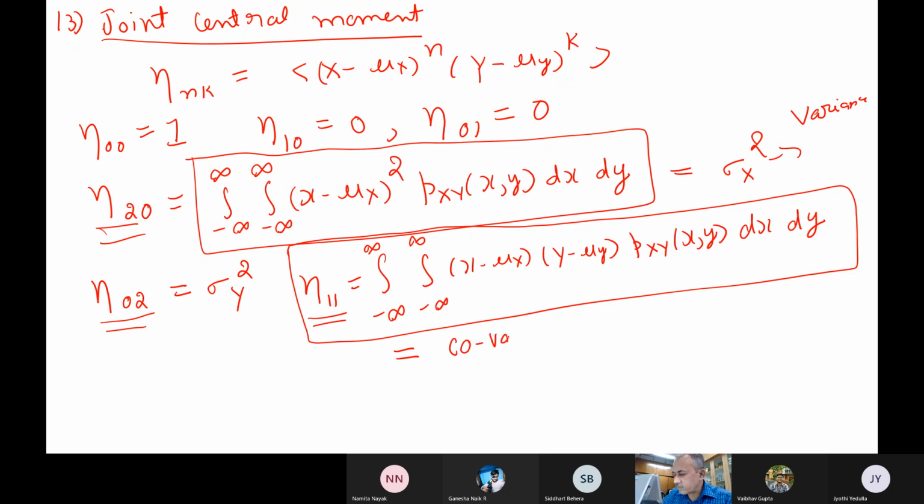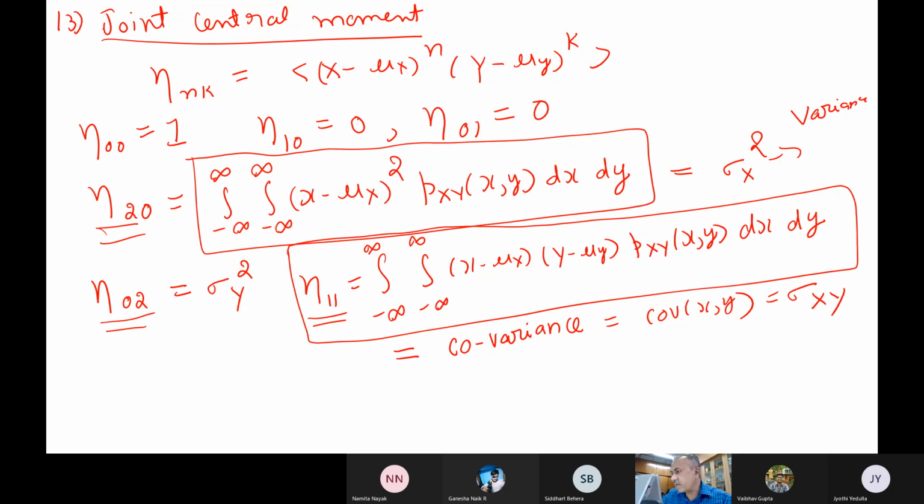This we call covariance. So this is the covariance expression, known as covariance of x comma y, and sometimes some textbooks write it as sigma xy.